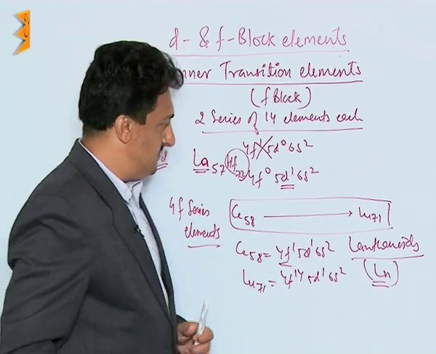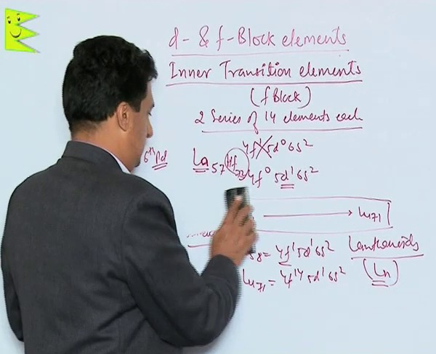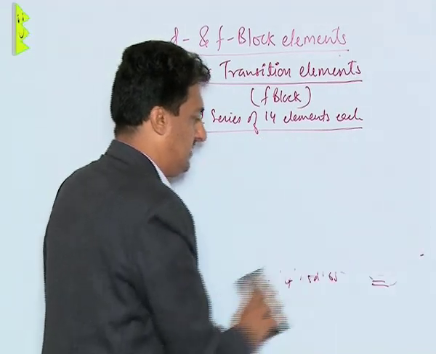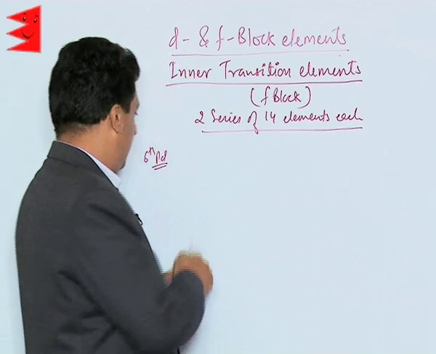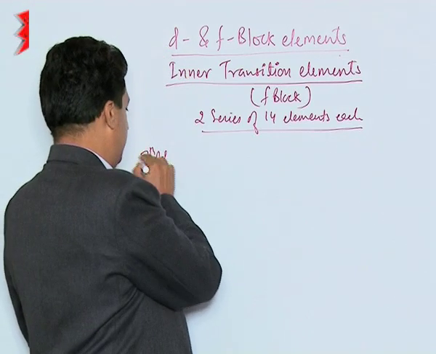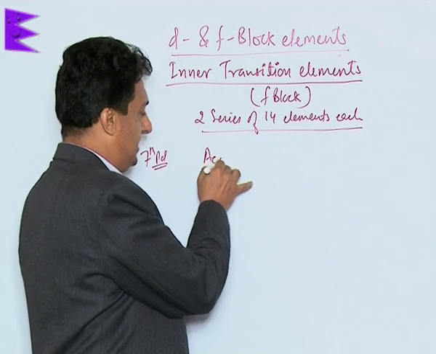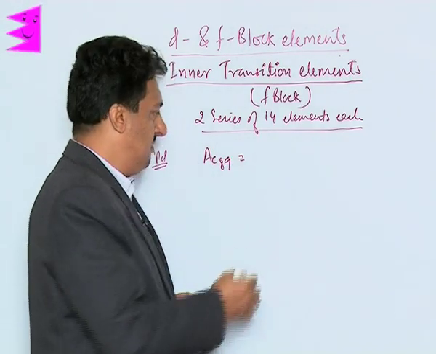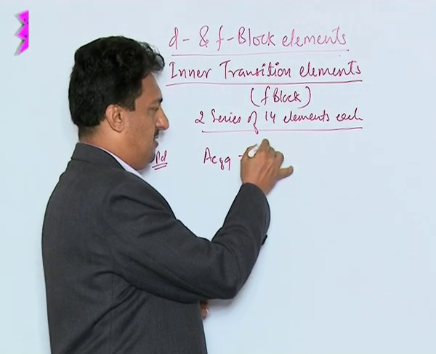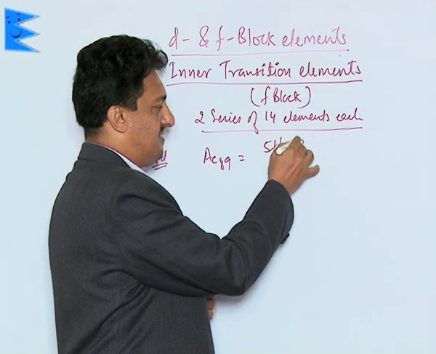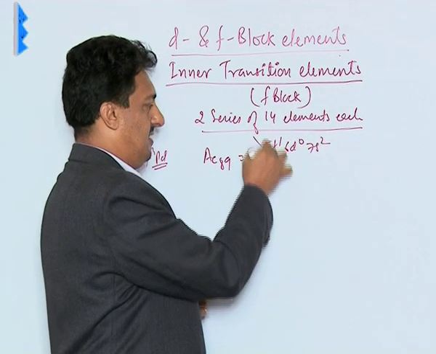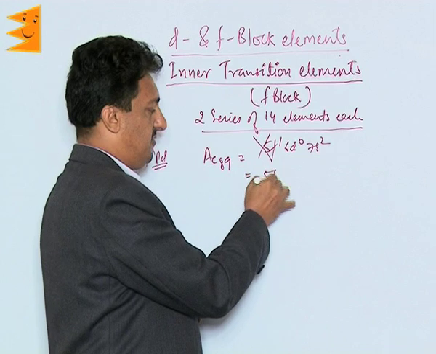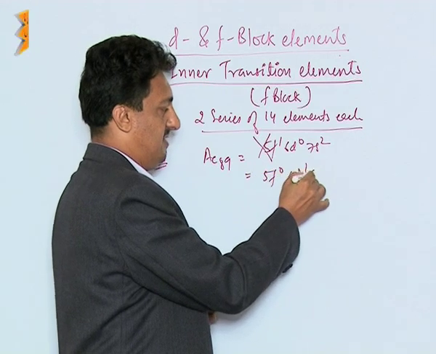Then in the very next period, the 7th period, there is an element called actinium 89, which comes after radium. We used to believe it would have the configuration 5f1, 6d0, 7s2, but rather than that, what we get is 5f0, 6d1, 7s2.